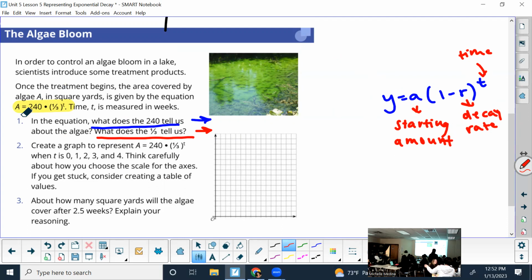So looking at these two equations, what position is the 240 in? Let her answer. Is it in the A, R, or T? The A. The A, which means starting amount, so 240 is the starting amount of what?